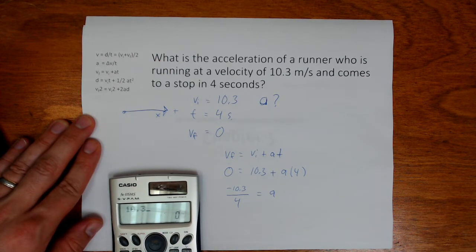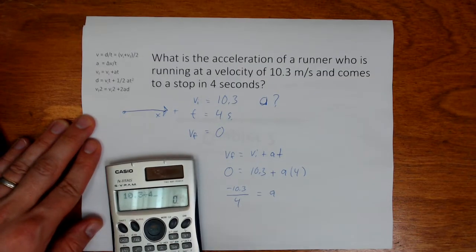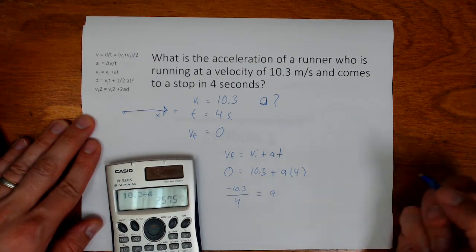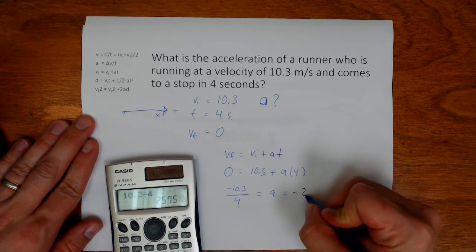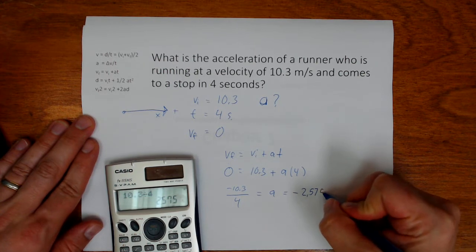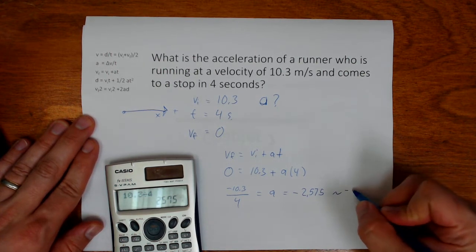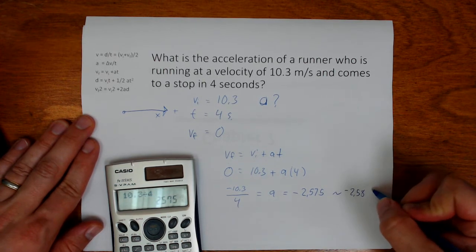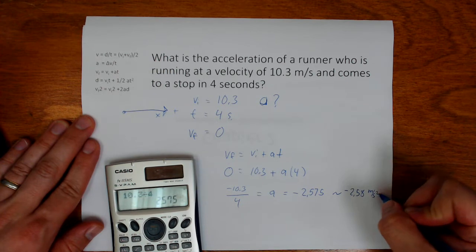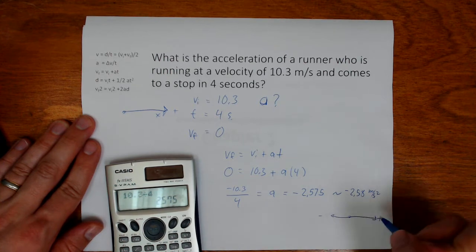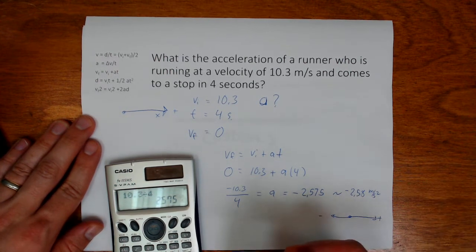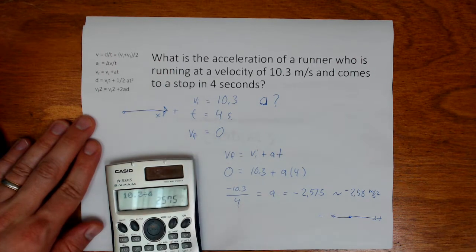So 10.3 divided by 4 is 2.575, but then again, you need to make sure that you have a direction on here, negative 2.575. We can round this in this class, negative 2.58 meters per second squared. So due to our reference system, if this is positive and this is negative, the acceleration is backwards from the initial velocity direction.